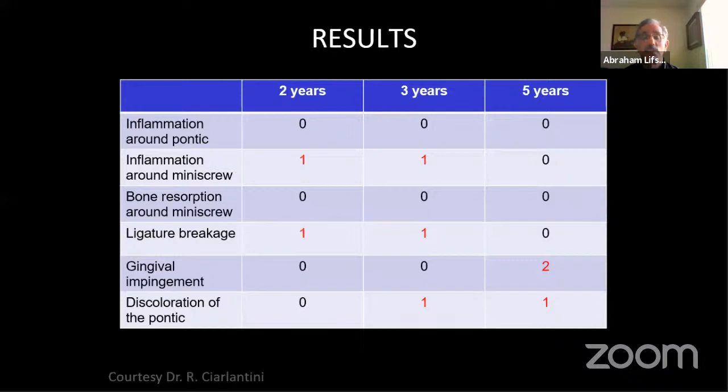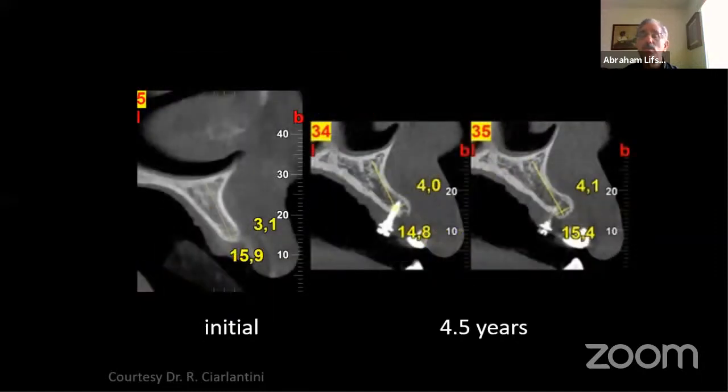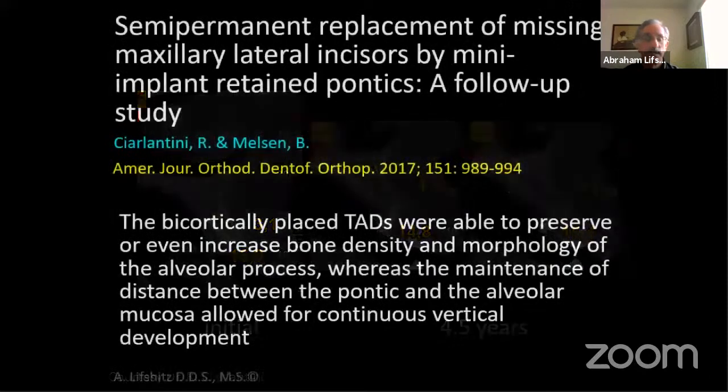And there was discoloration of the pontic at 3 years and 1 year. He showed in scans that the alveolar process remained. There was no atrophy of the alveolar process, and it even increased in some instances.